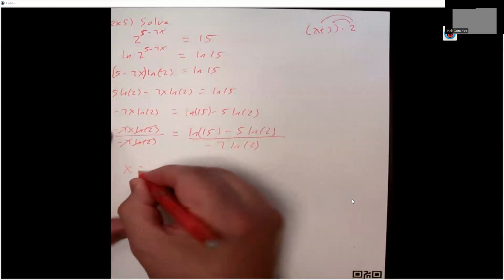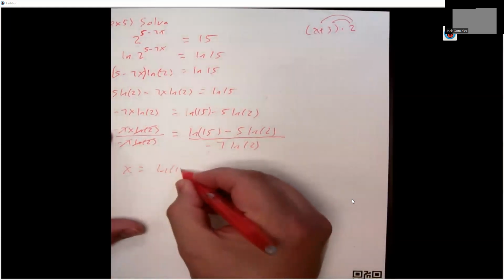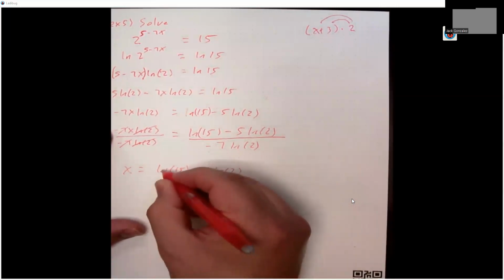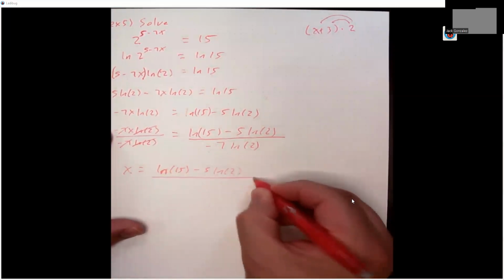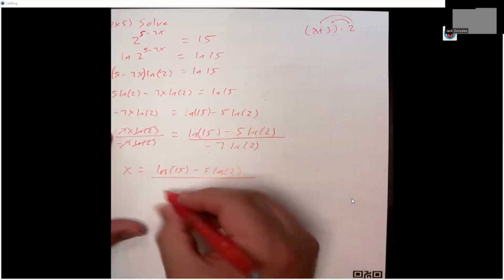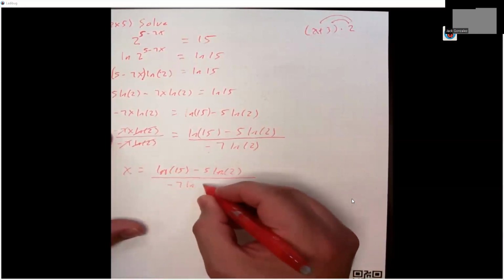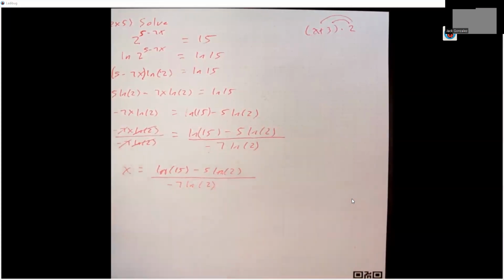So x is equal to whatever this is, some decimal. Any questions on the steps?